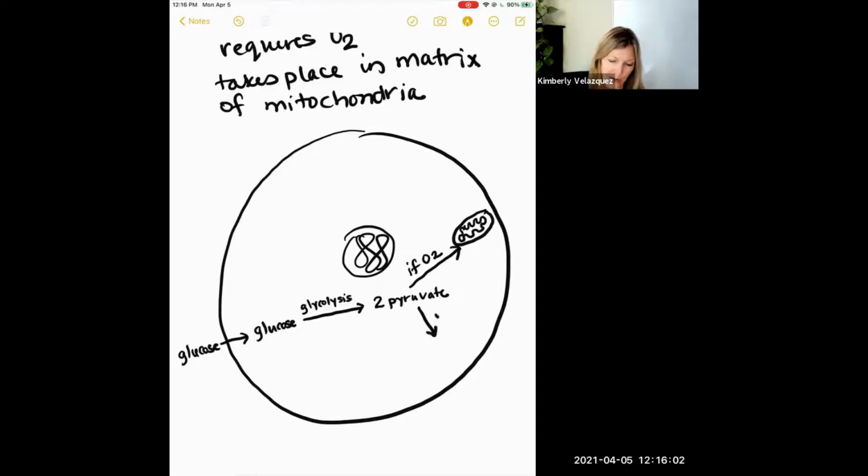Okay, if no O2, then fermentation is going to happen, anaerobic respiration. But we're going to talk about that separately. Now we're just going to talk about if O2 is present. If O2 is present, then those 2 pyruvate go into the mitochondrion, and that's where pyruvate oxidation, citric acid cycle, and oxidative phosphorylation are all going to take place in the mitochondrion.